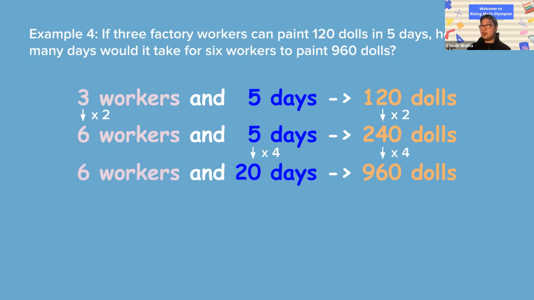So you have 6 workers at 20 days, $960. The whole logic here is that we have 3 workers working for 5 days, we have $120. If you multiply by a factor of 2 for workers, you double the amount of dollars created. If you multiply by 4 the amount of time you use, you multiply by 4 the dollars created.